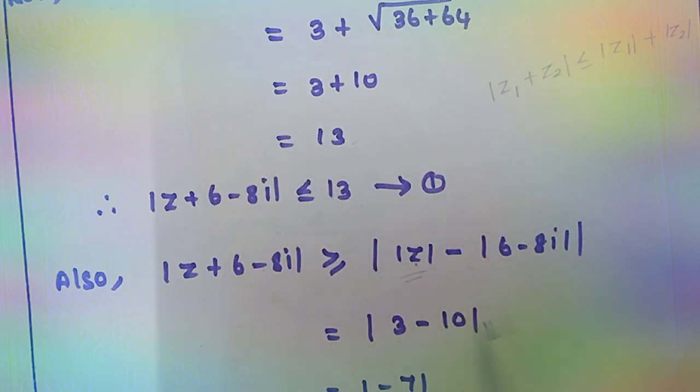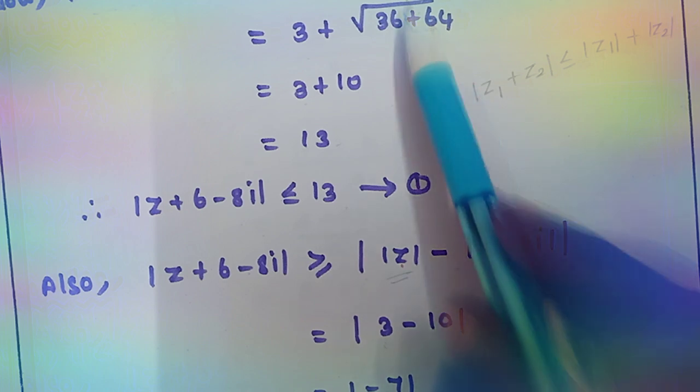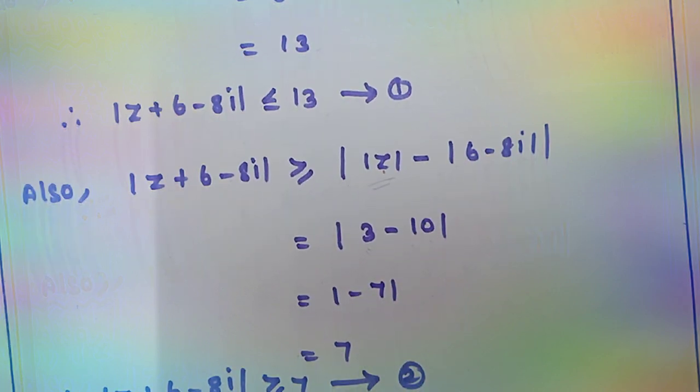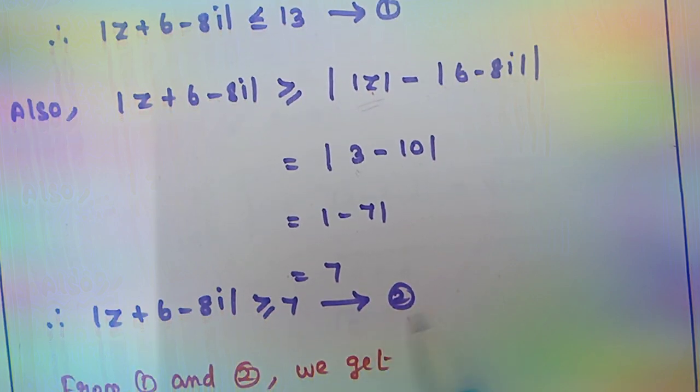Given that mod z equals 3, so we use 3 here. 6 minus 8i means we already know that is 10. 3 minus 10 means minus 7. The modulus of minus 7 means plus 7. So modulus of z plus 6 minus 8i is greater than or equal to 7. We take this as equation 2.